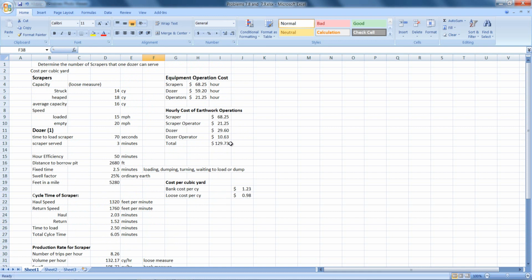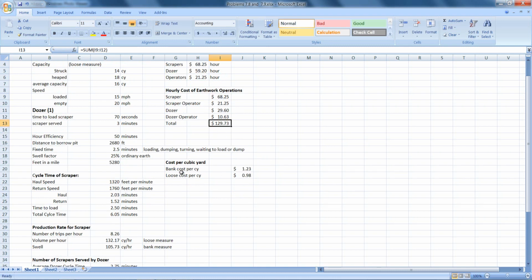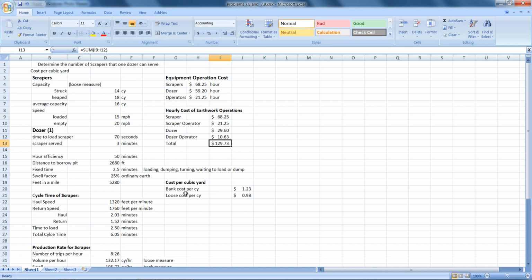So our total cost here is $129.73. Yeah, I just summed those up. And then, so the bank measure, so our cost per cubic yard.